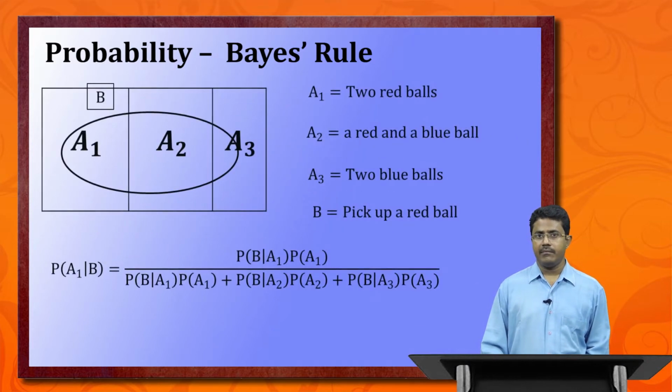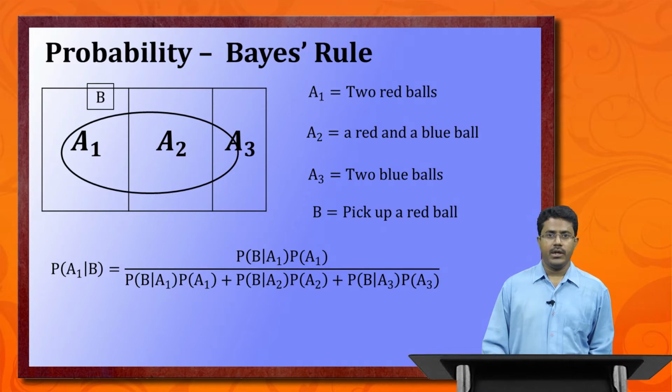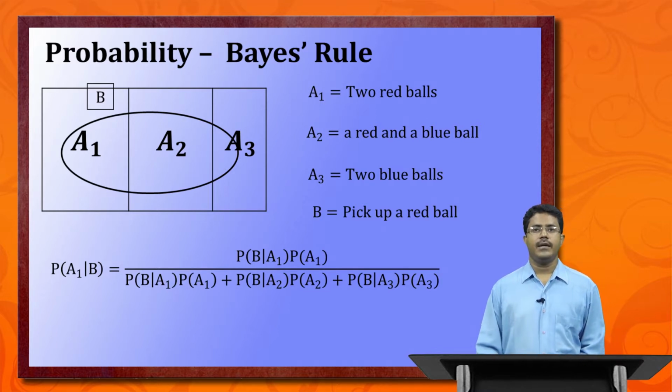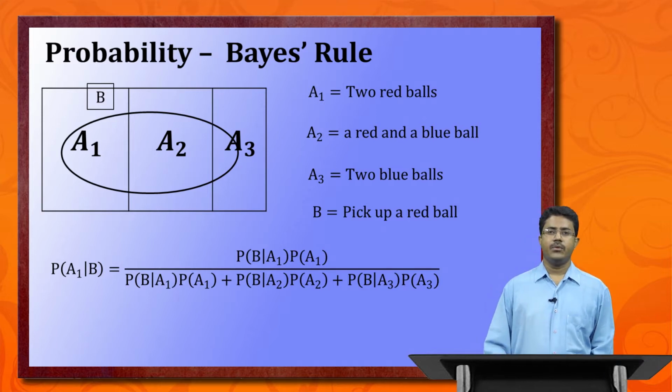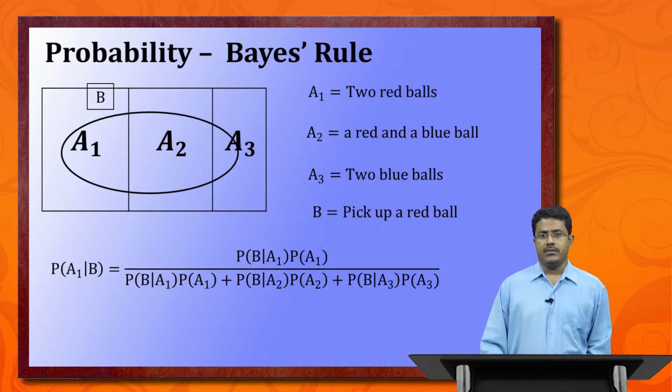So we have three boxes here, A1, A2 and A3. In the first box there are two red balls, in the second box there are one red and one blue, and in the third two blue. Event A1 is two red balls, A2 is a red ball and a blue ball, A3 is two blue balls, and B is the event of picking up a red ball.